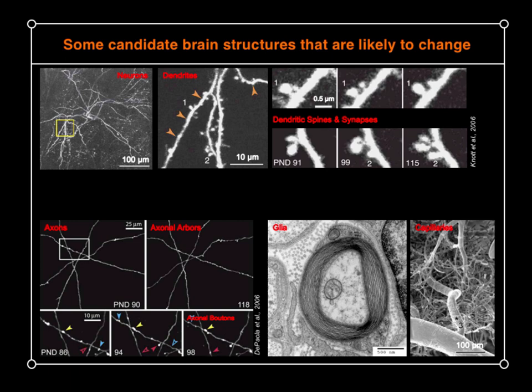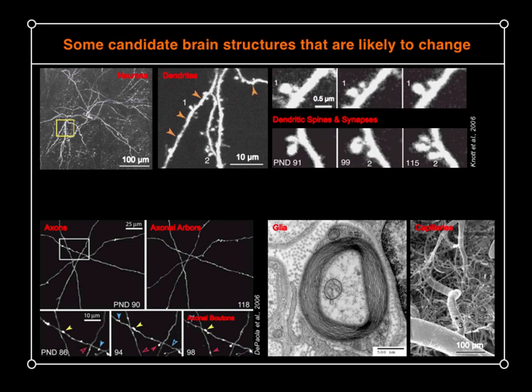When you start thinking about the candidate brain structures that are likely to change when you're using some sort of experimental paradigm, it can be a whole host of things, right? It could be neurons, dendrites, dendritic spines, synapses, axons, axonal boutons, the glial cells, capillaries. A whole bunch of things are likely to change.